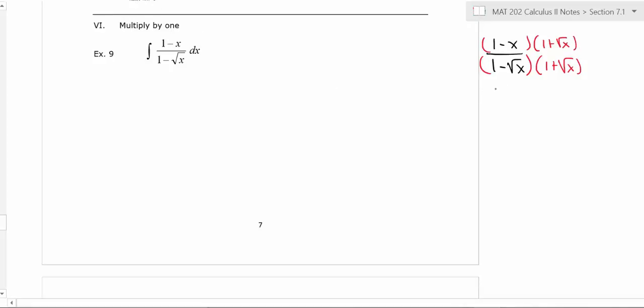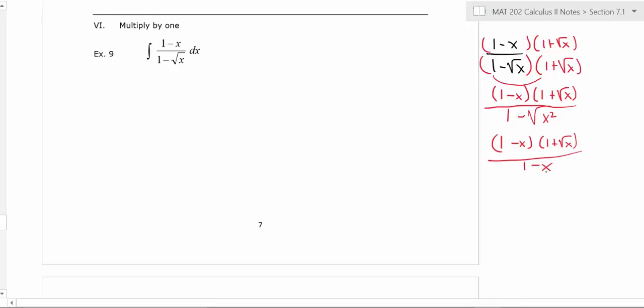The numerator is just going to remain the same. When you multiply out the denominator by FOIL, you're really just doing the first term, 1 times 1 is 1, and negative square root of x times square root of x gives negative x squared of the root. So you get 1 minus x over 1 plus square root of x all over 1 minus x.